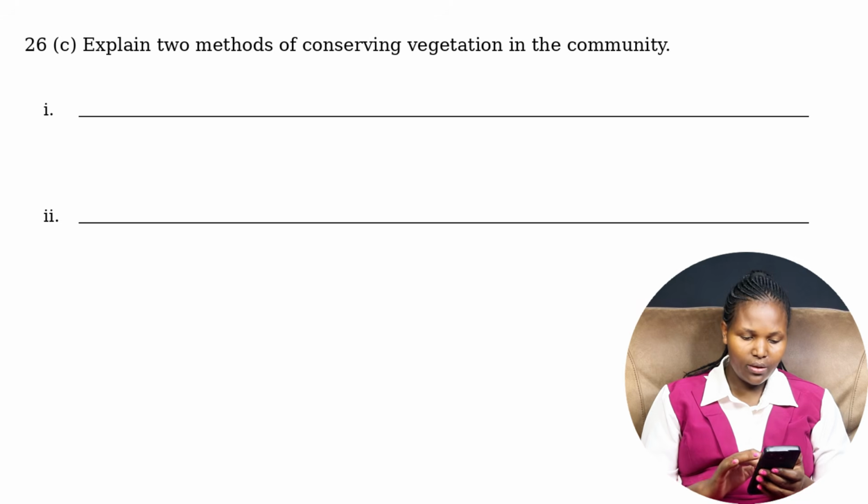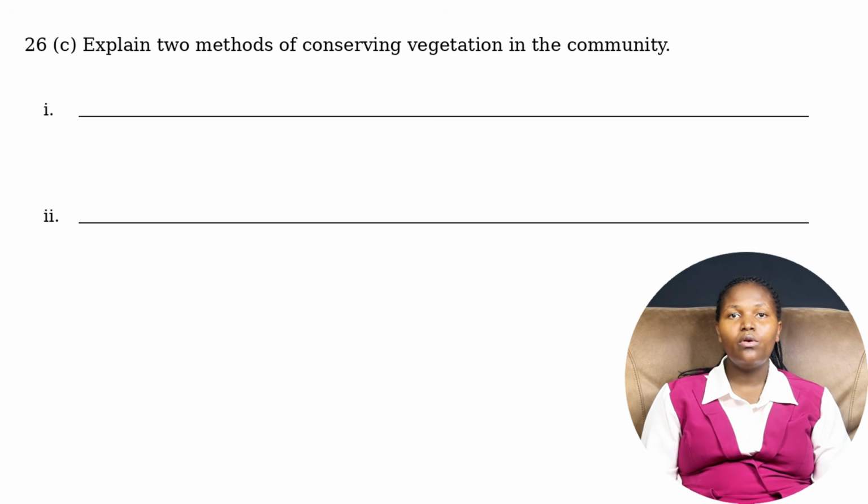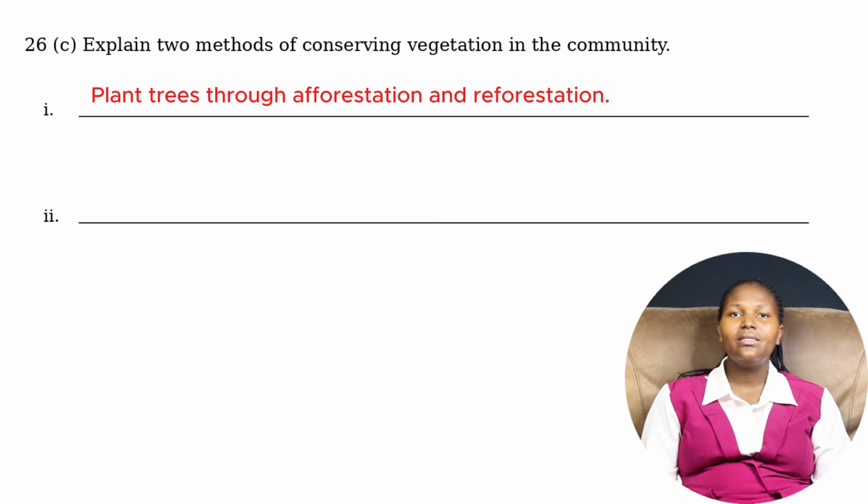Then we go to C. Explain 2 methods of conserving vegetation in the community. Again, this one you just think, and as long as the answer you gave shows a way of conserving the vegetation, you should be correct. For example, you can talk about planting trees through afforestation and reforestation.